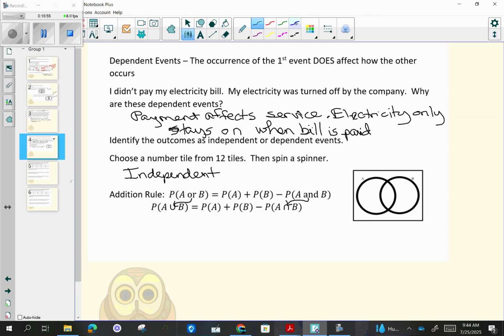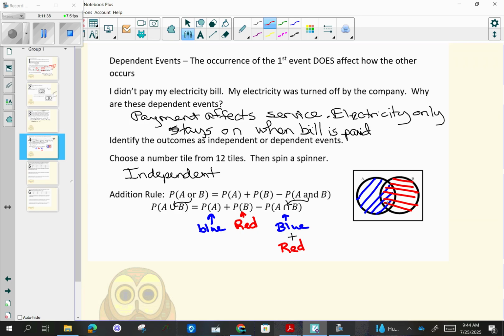I'm going to show you why this rule works. If you look at what the probability of A is, probability of A happening would be if I shaded in this entire circle. The probability of B would be if I shade in all of B. The intersection has both blue and red shading on it, which means that the football in the middle got added in there twice.